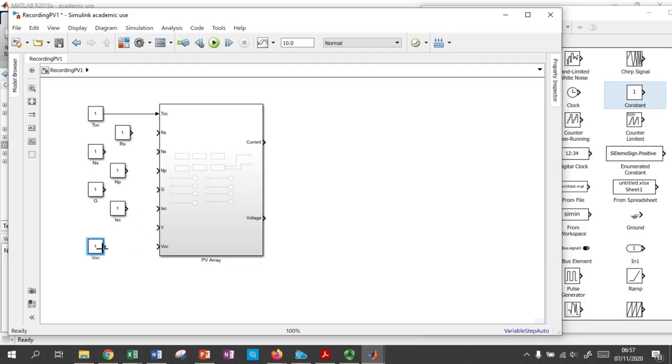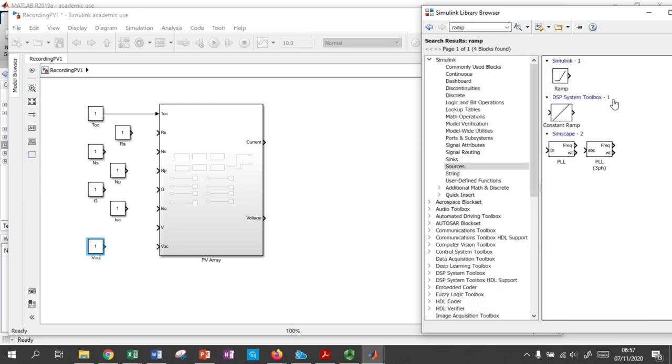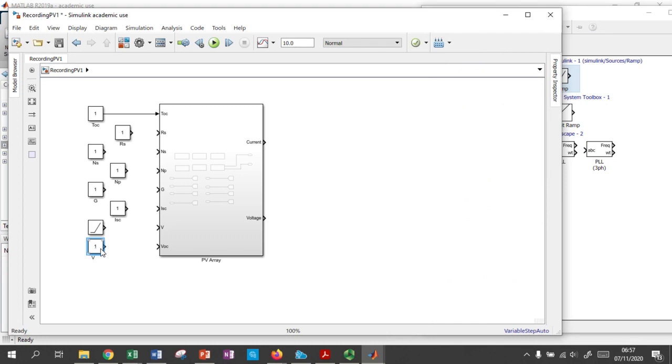Normally we use a ramp function. Yes, we are using this ramp function. We put it here, and this one should be here. Then this is the input that we call the ramp function.